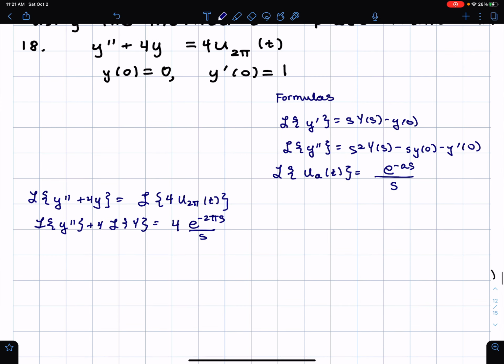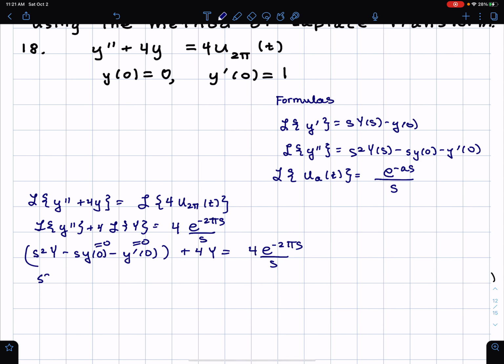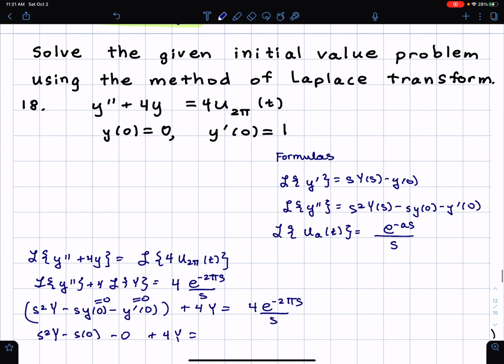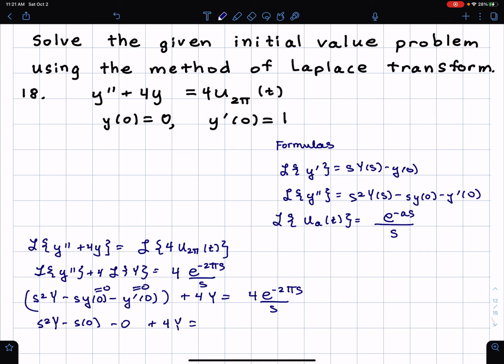Now I'll use the formula for y double prime. That's going to be s squared Y minus s y(0) minus y prime of 0 plus 4Y equals 4 e to the negative 2 pi s all over s. The initial conditions were chosen conveniently to make the problem shorter. I thought they were both 0, but y(0) equals 0 and y prime of 0 equals 1.